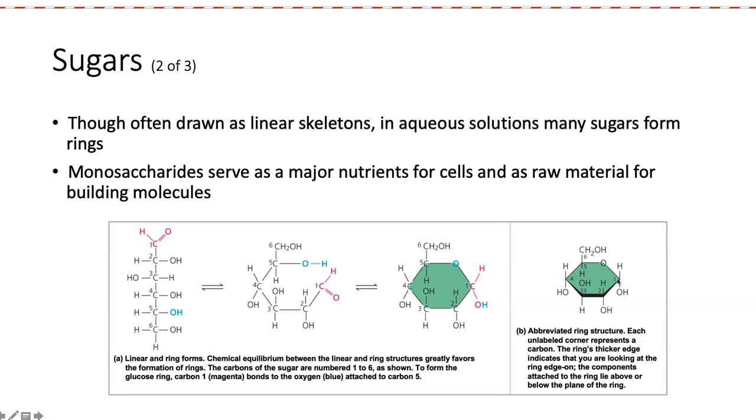Also notice that when you look at things in a ring structure, we number the carbons 1, 2, 3, 4, 5, and 6, but we don't show the carbons. So anytime you have an apex where two lines meet and there's nothing written there, that's a carbon. So there's a carbon there, and there, and there, and there, and there. You can see it in this structure. We call this the abbreviated ring structure, and it really becomes important when we've got a very busy molecule that we're looking at.